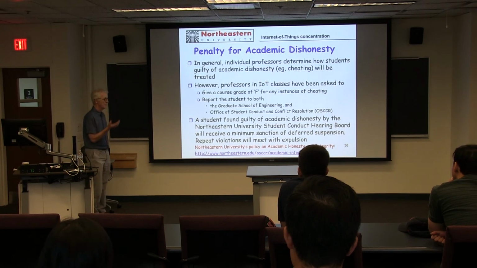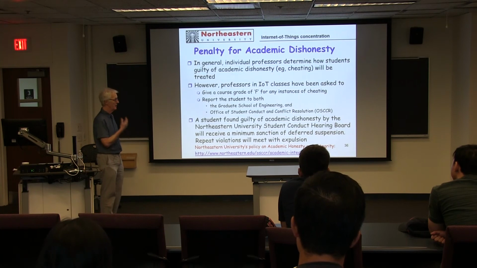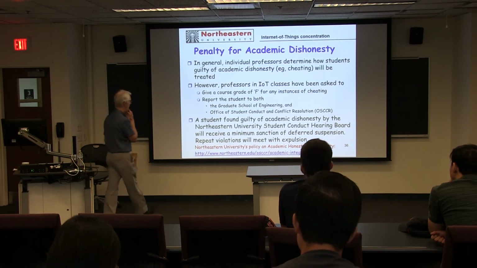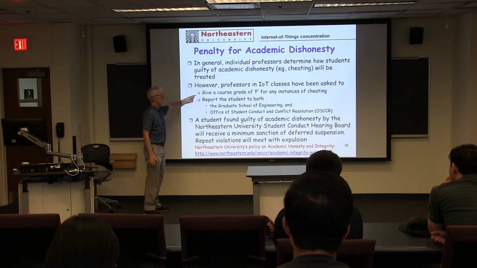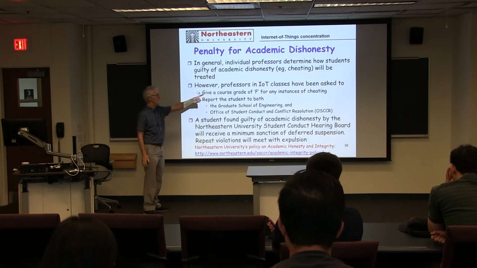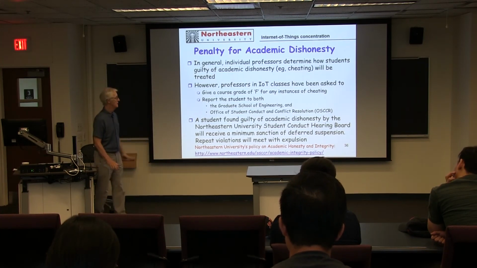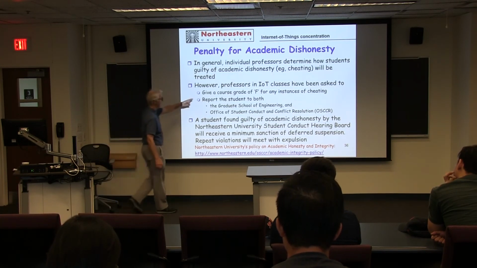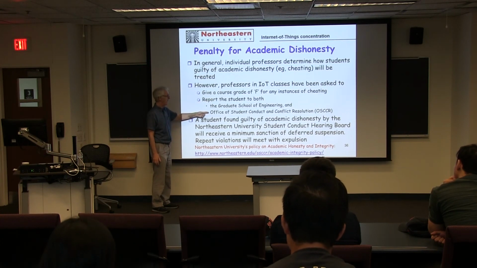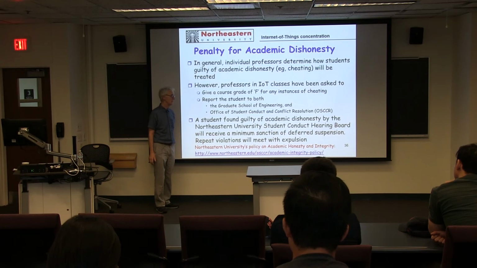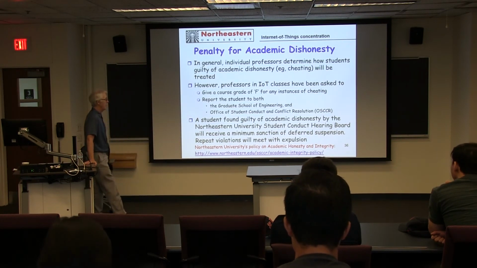So if by any chance there's any cheating, for example in an exam, I've asked all of my professors who teach on my programs to give a course grade of F. And then you'll get reported to both the graduate school and to the Office of Student Conduct and Conflict Resolution, which is called OSCAR.